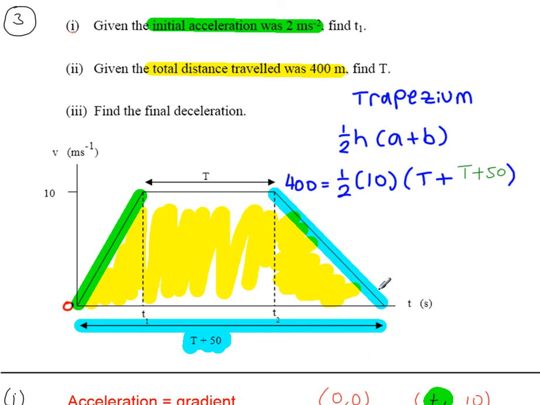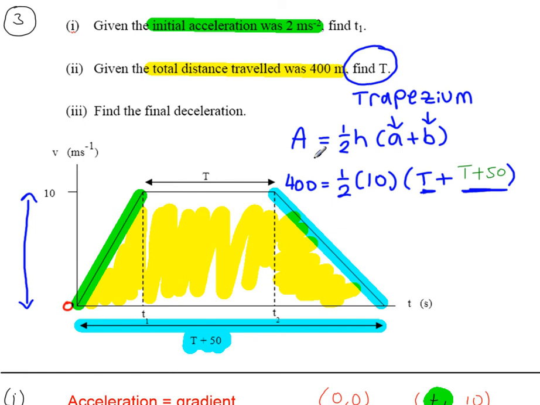An alternative way of working out the value of t is to recognize that the shape given here for the graph is a trapezium. Here is the formula for the area of a trapezium, where h is this, which is 10, and a plus b are these values, t there, the parallel sides which are opposite each other, and t plus 50 along here.